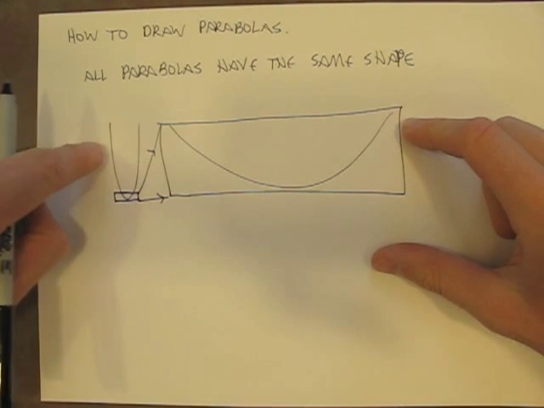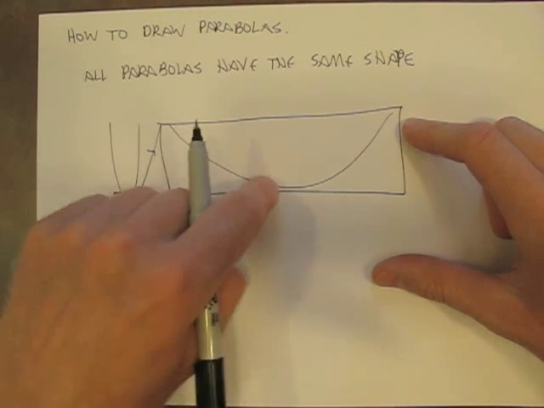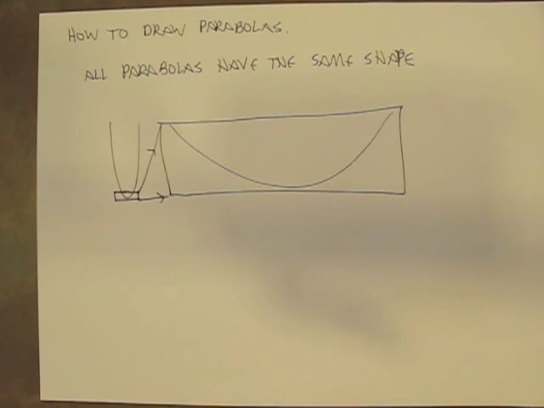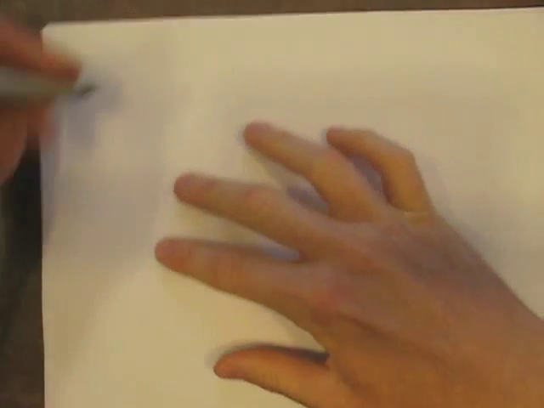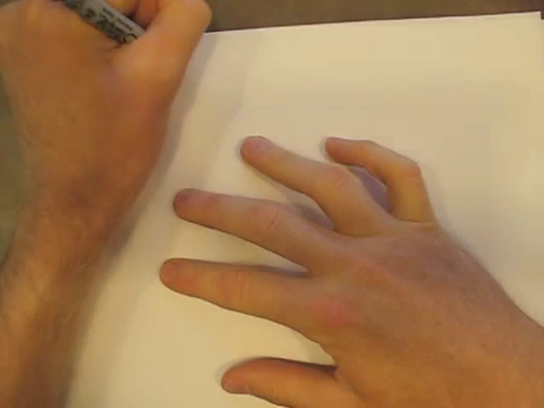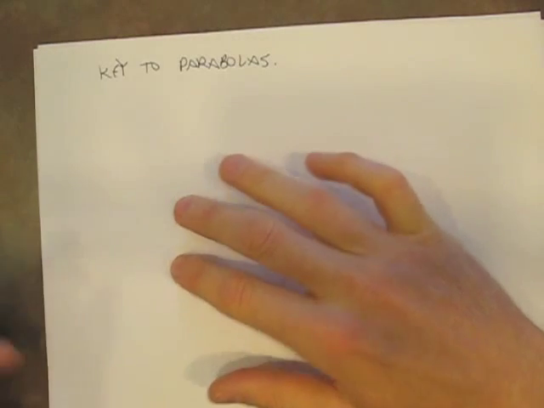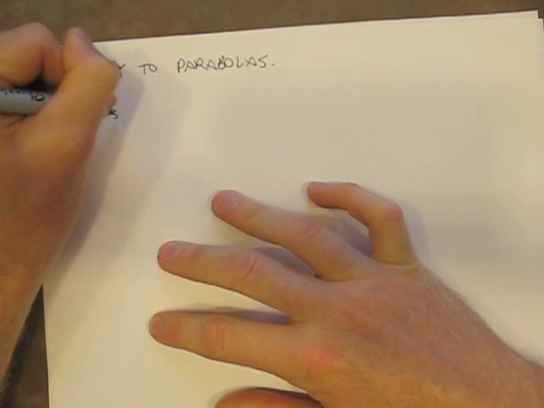If you zoom out, you get a parabola that looks like this. If you zoom in, you get a parabola that looks like this. Here's the key thing about parabolas. It's in the definition. The set of all points.